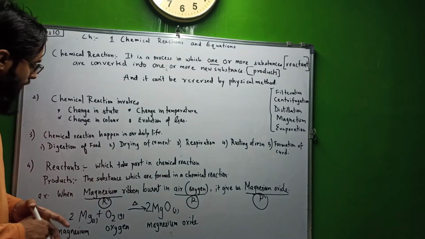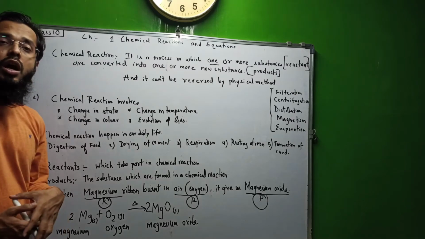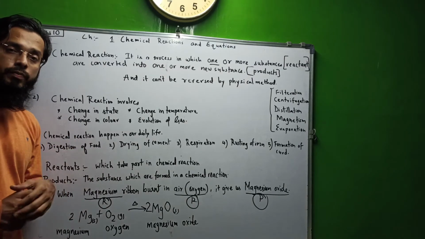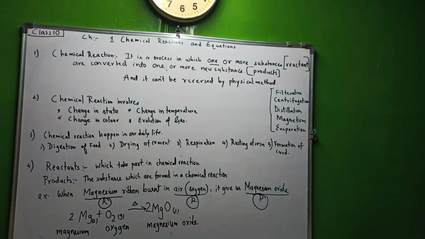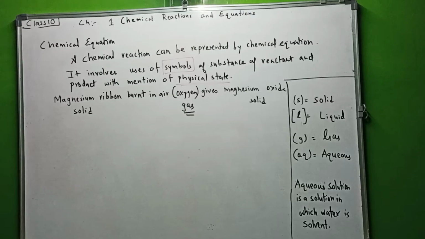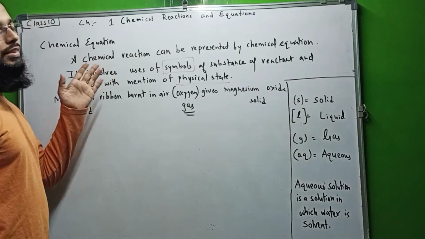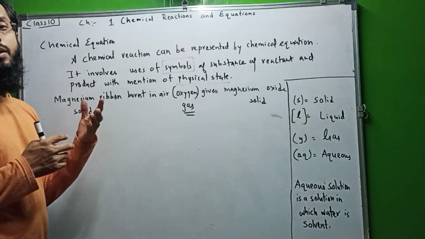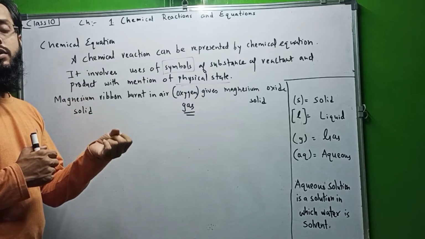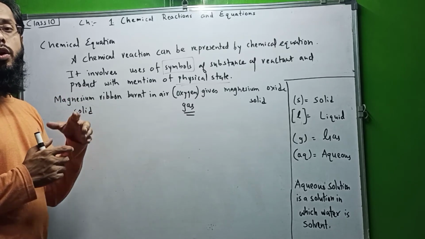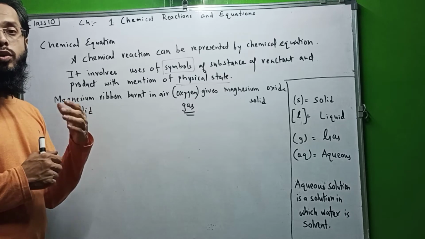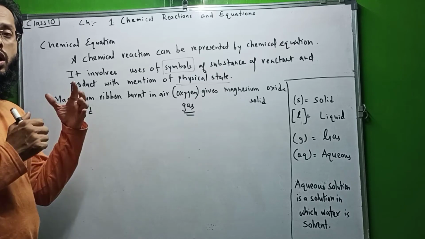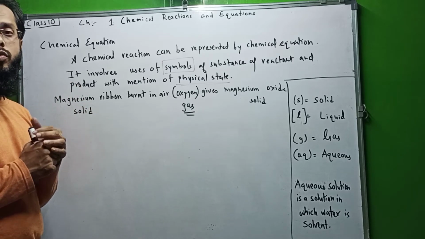Now our next topic will be chemical equations, how to write chemical equations. Now let's talk about chemical equations. Chemical reactions can be represented by chemical equations. So when we are talking about any chemical reaction, like magnesium ribbon burning in air, or caustic soda reacting with water, how do we depict it in terms of equations?